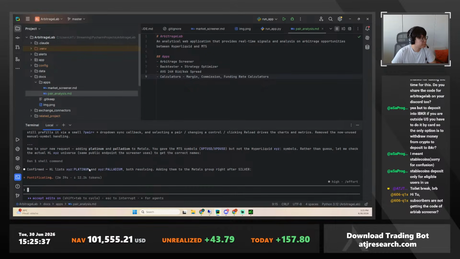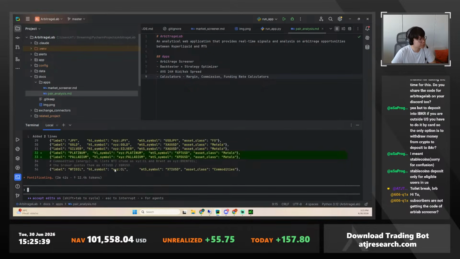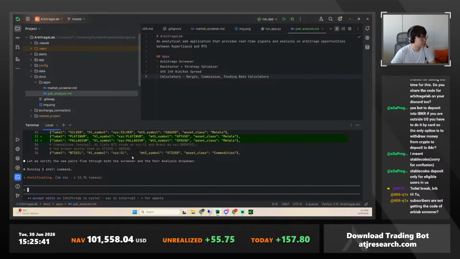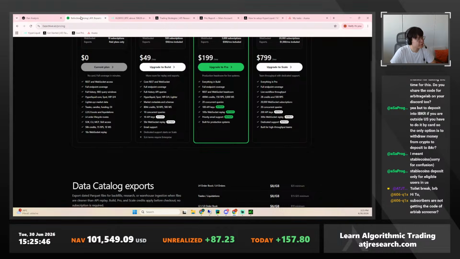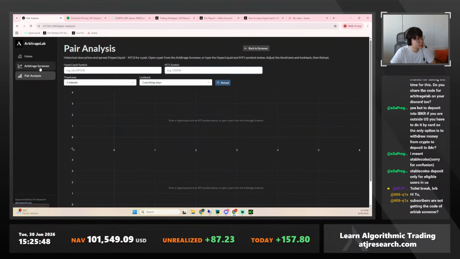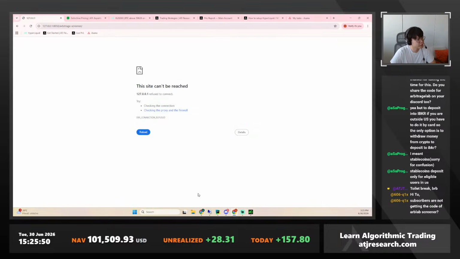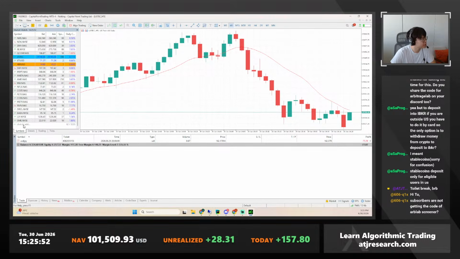Okay, so we're adding platinum and palladium into our screener. Theoretically, if I had extra money, I could try to trade platinum. I think platinum shouldn't be that expensive. Let me check XPT-USD.